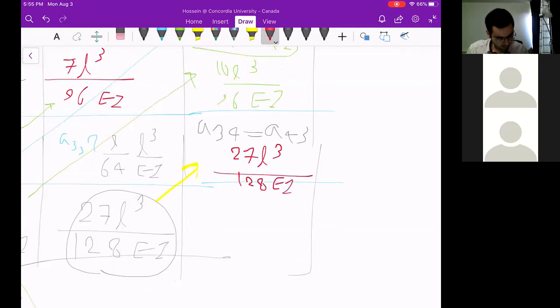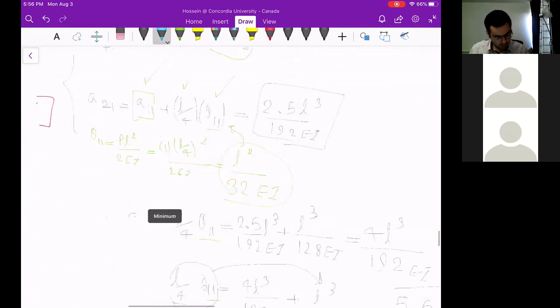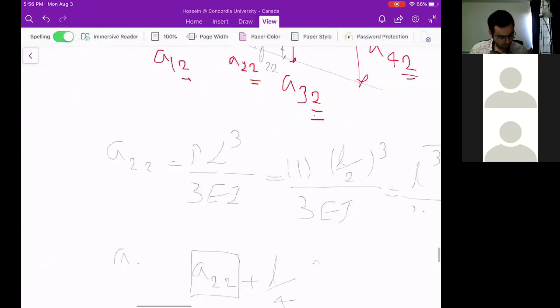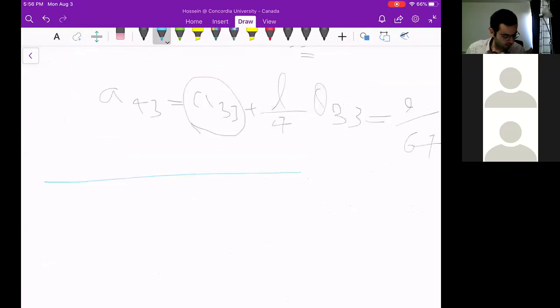And the last step is A44. So A44 is the basic formula I just mentioned at first. There's the unit force at the end, right?